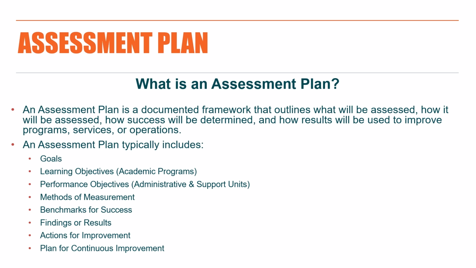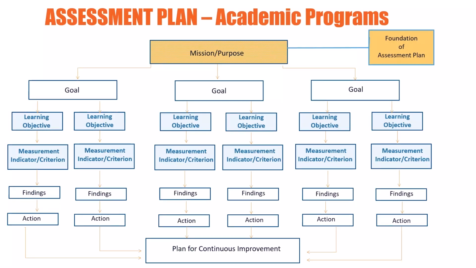A typical assessment plan includes goals, objectives, measurement methods, success benchmarks, findings or results, actions for improvement, and plan for continuous improvement elements. In short, the assessment plan represents the assessment process itself, while the software serves as a tool for documenting that process. Now that we've defined what an assessment plan is, let's review the individual components that, taken together, comprise an assessment plan.